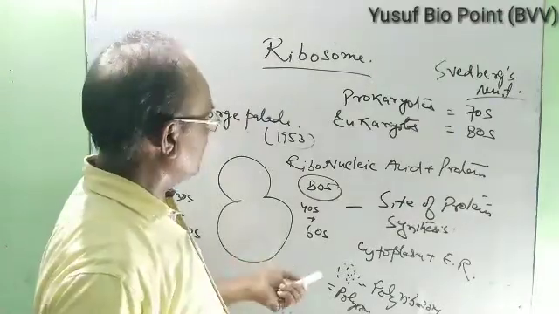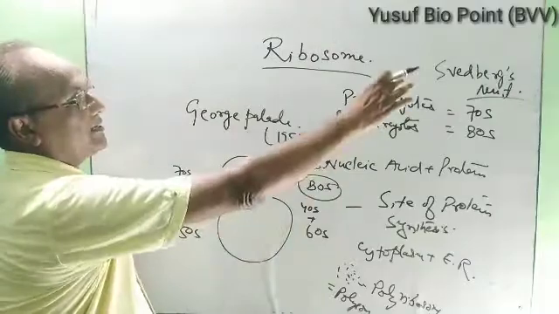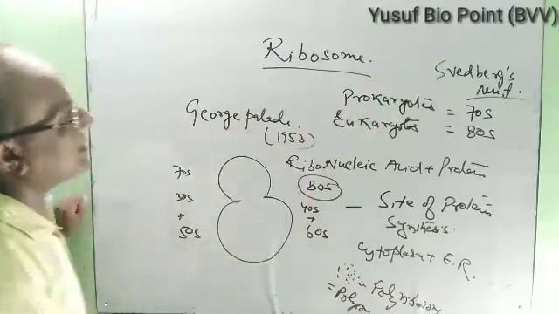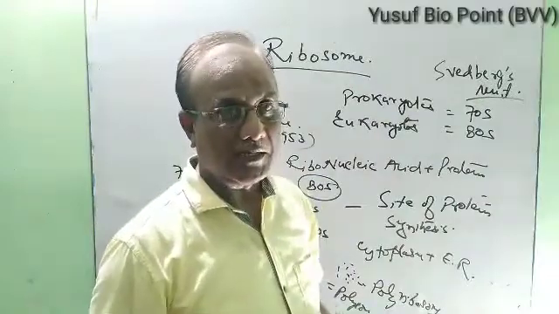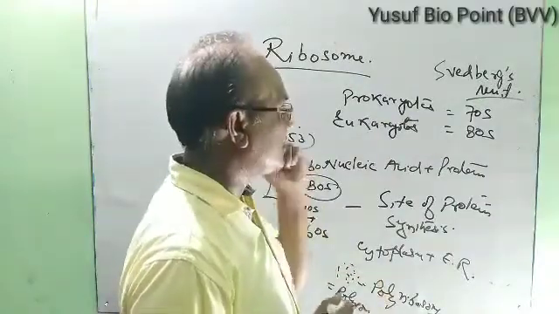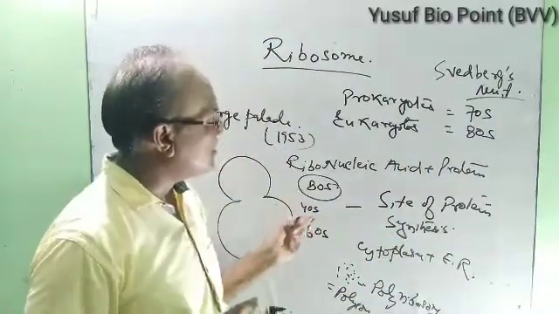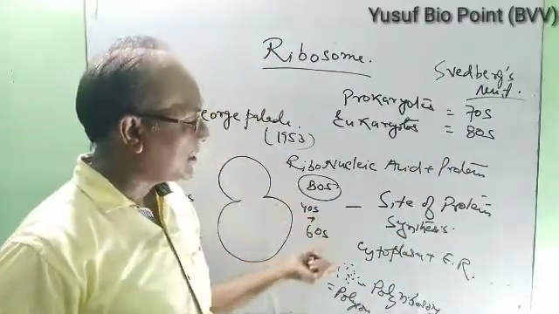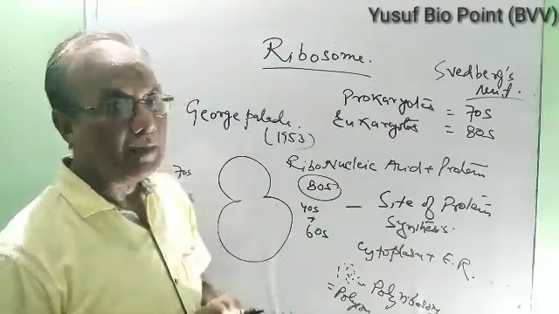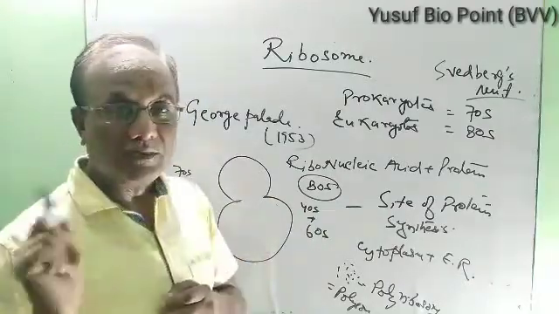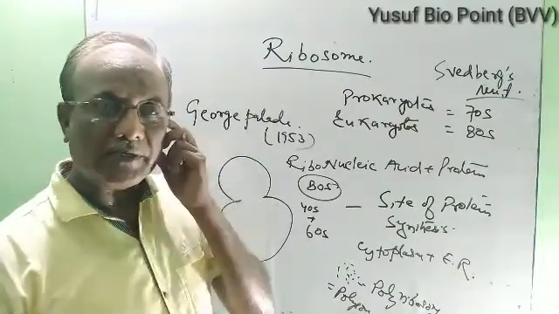The 70S and 80S, where S means Svedberg unit, measure the density and size of the subunits. Understand? That is the main importance, because it is the site of protein synthesis, and it is found in the cytoplasm as well as in mitochondria and Golgi bodies, which we have already studied.